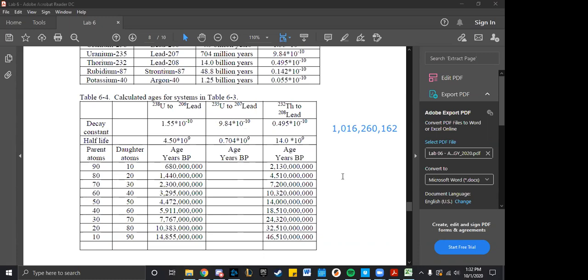So then we have to take parent. So we take 10 divided by 90, which is 0.11111111, and then do plus 1, and then take the natural log of that.